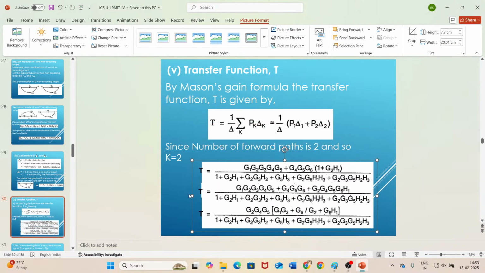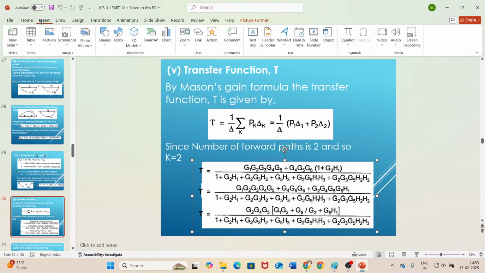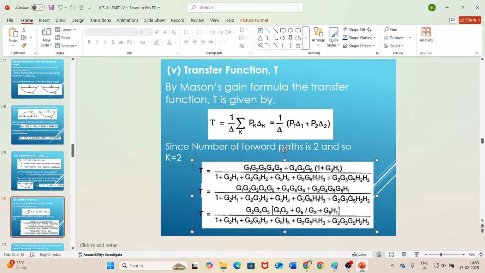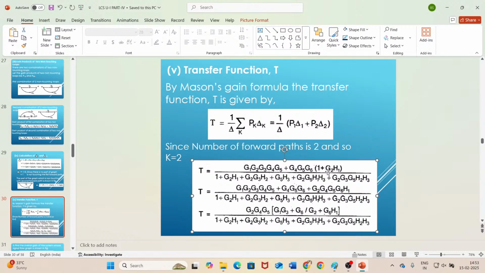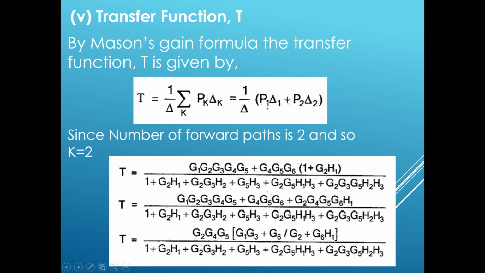So this is it. T is equal to 1 by delta into P1 into delta 1 plus P2 into delta 2.